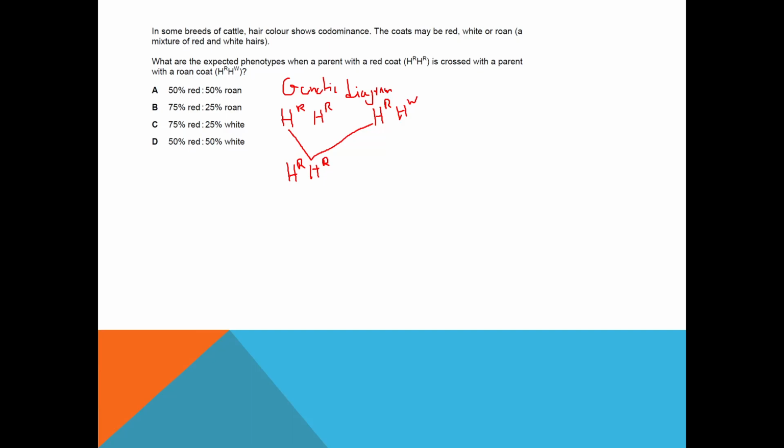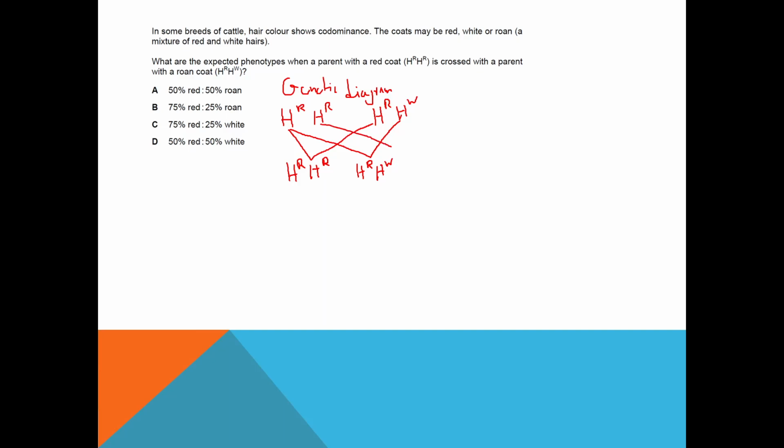We're just assuming the first parent is the father. Now what about the other possibility? Again, this time we combine with the second allele of the partner. So we get HR and HW.